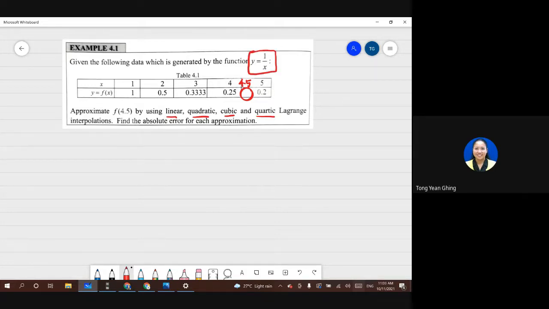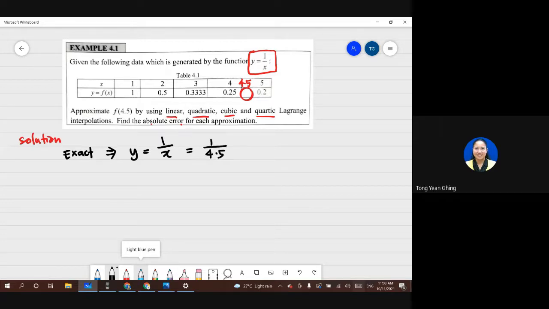Because here it asks you to find the absolute error, that means absolute error is the exact solution minus the approximation, right? The exact value is y equal to 1 over x, so equal to 1 over 4.5.